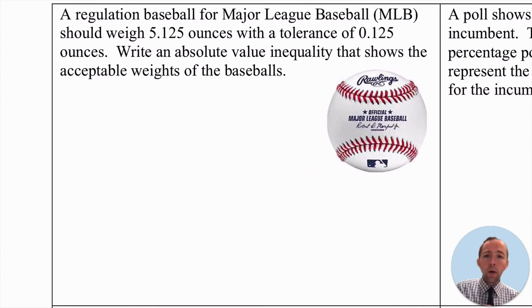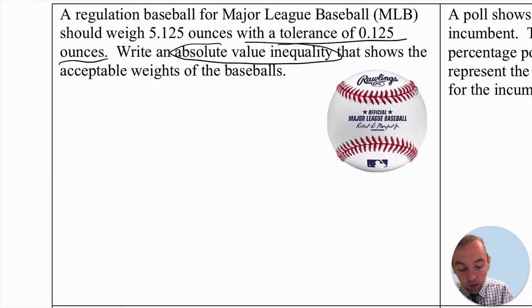So we know that a regulation baseball for Major League Baseball, MLB, should be 5.125 ounces, but it has a tolerance of 0.125 ounces. A tolerance means that it could go above that 5.125 that much or below it that much. So we want to write an absolute value inequality that shows the acceptable weights of the baseball.